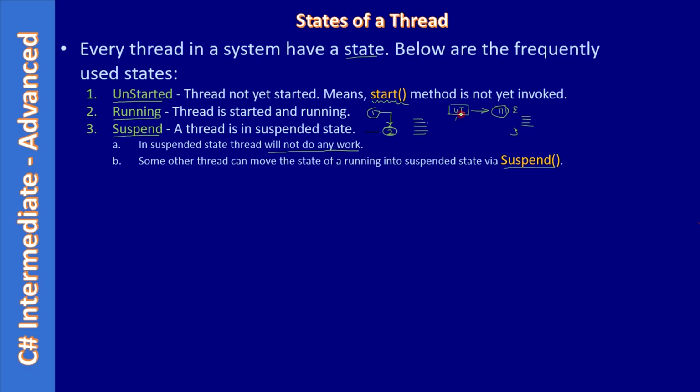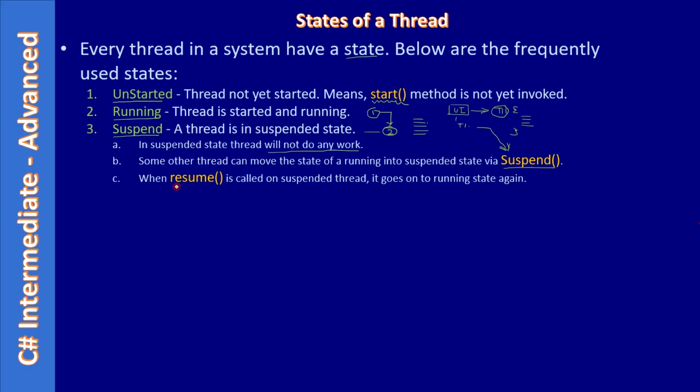Since the UI started this thread, it is a parent and it can have a reference to T1. From the UI it can make a call to suspend. Whoever is holding the reference to thread T1, when they make a call to suspend, the thread T1 goes into suspended state from running.